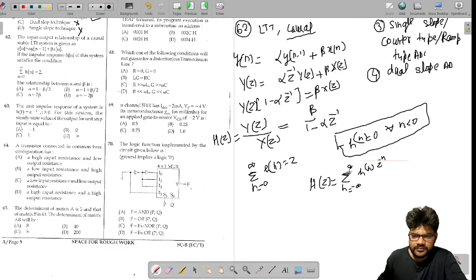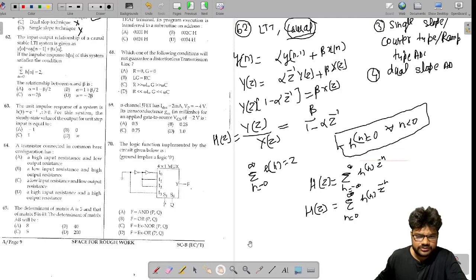We are putting n from minus infinity to infinity, but we know that h[n] exists from 0 to infinity only. For n less than 0, h[n] is 0, because in the question we were given that this system is causal. So H(z) we can write as summation n equals 0 to infinity h[n] Z to the power minus n.